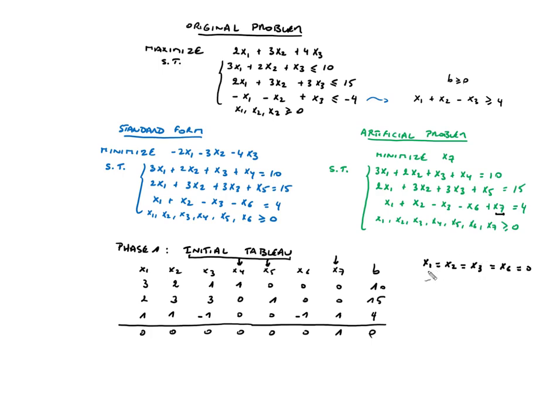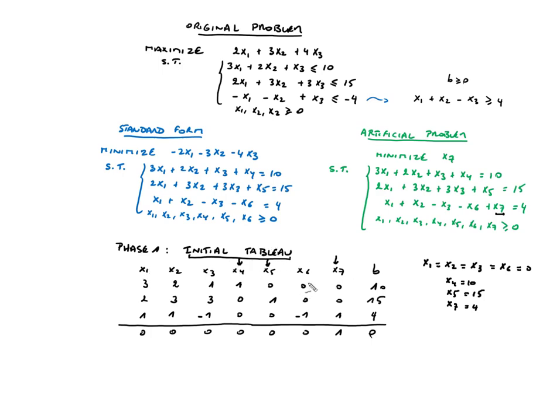These are the non-basic variables, and you can read the basic feasible solution from the tableau: x4 is equal to 10, x5 is equal to 15, and x7 is equal to 4. So this is the initial tableau of phase 1.